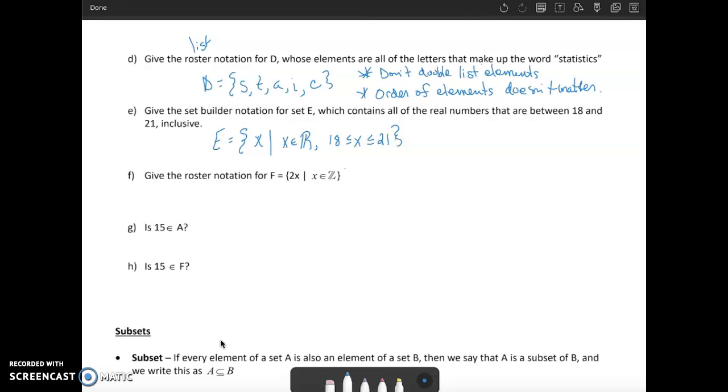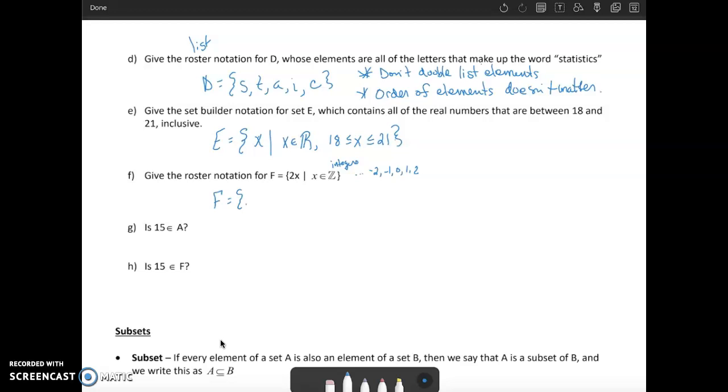Give the roster notation for F, the set of 2x's such that x is an element of the integers. Okay, so let's remind ourselves, integers are ..., -2, -1, 0, 1, 2. So those are the x's, but specifically for set F, we're writing all of the 2x's. So basically we need to take every integer and multiply it by 2.